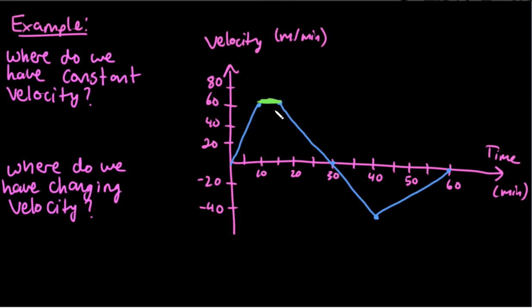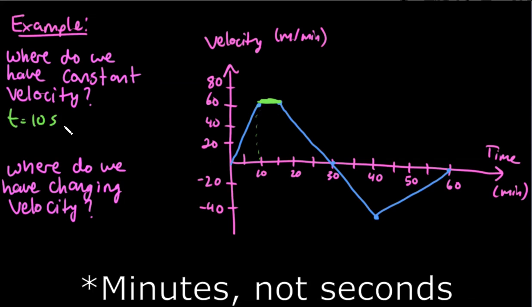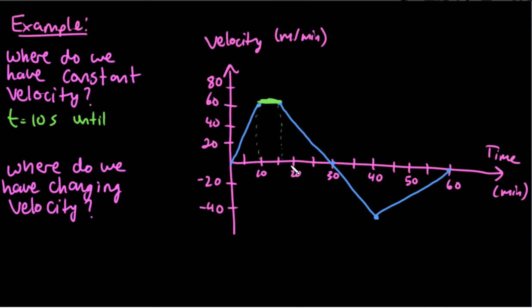We also want you to indicate on the time interval. So if we start here, we find that we start at t is equal to 10, and then it's constant until, it kind of looks like, 16, so t is equal to 16. So this is the time interval for our constant velocity.